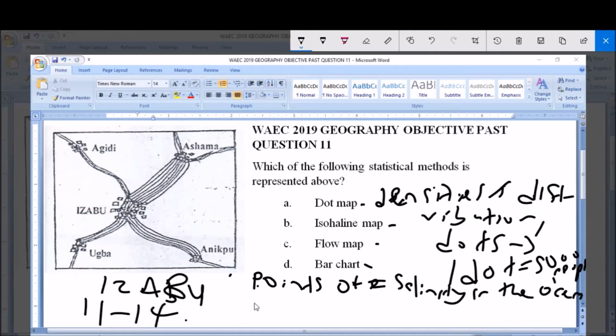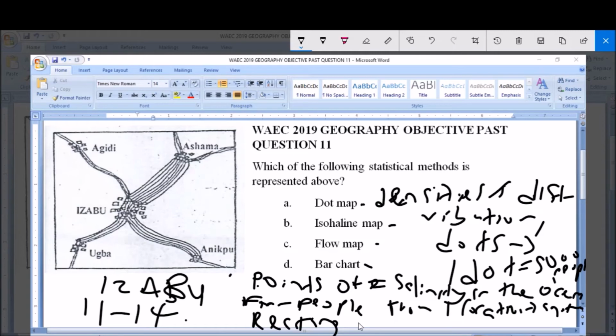Now, a flow map shows movement of people from one location to another. And then for a bar chart, of course, a bar chart uses rectangular bars to represent data.